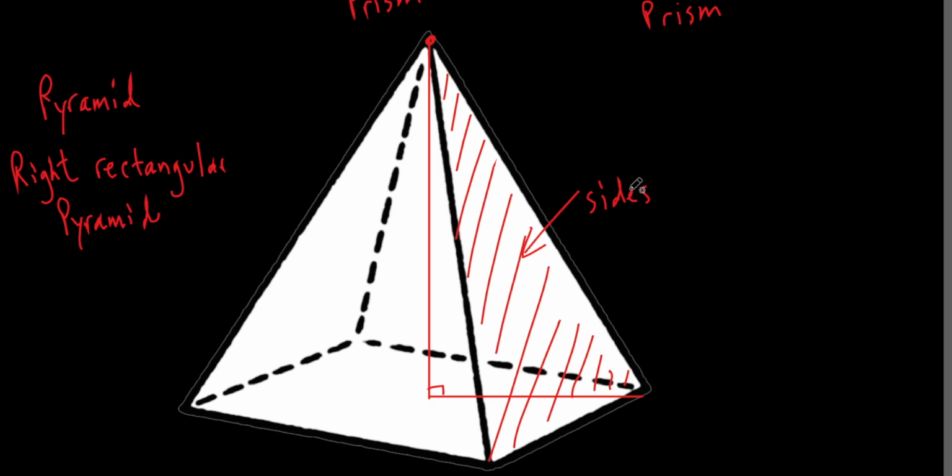Do they call it a side? I think they call it a face. Let me see. Depends where you're learning from. Let me just see what it says. I don't think it says in here at all.